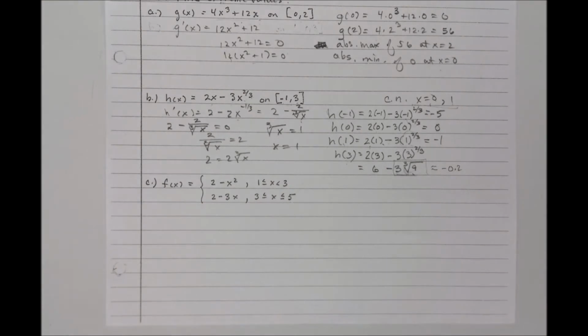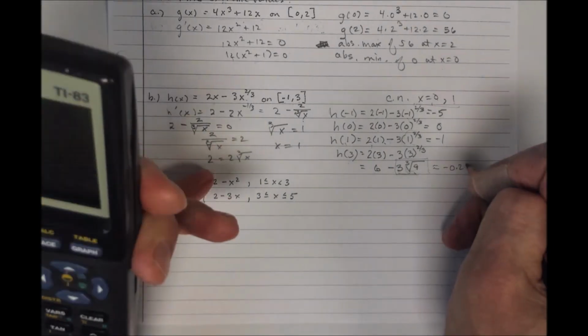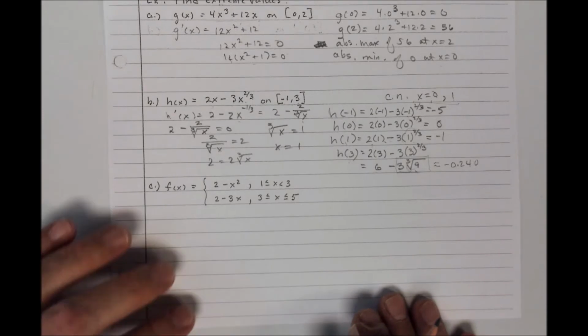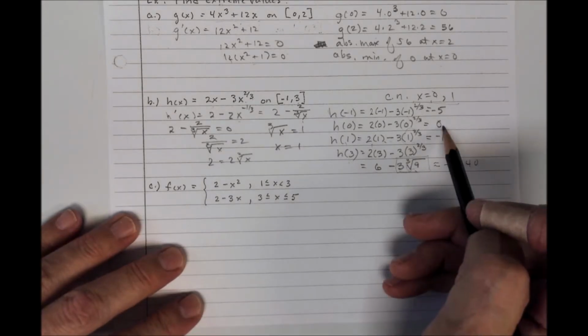I probably have this wrong, so let me just make sure of it. 6 minus 3 times 9 raised to the 1/3 power. No, I wasn't too far off. About negative 0.240 there at the 3 decimal places. So here's my largest, here's my smallest.